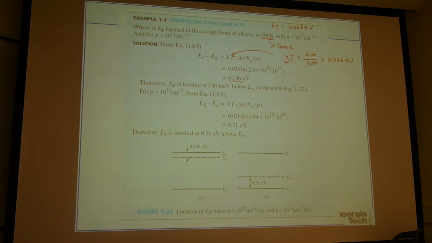So from this 400K case, you see that EC minus EF, that number will increase, right? This is in proportion to that change. So that means it will be lower. So let's say this is 300K, the EF is here. 400K, probably EF is somewhere here. Right.